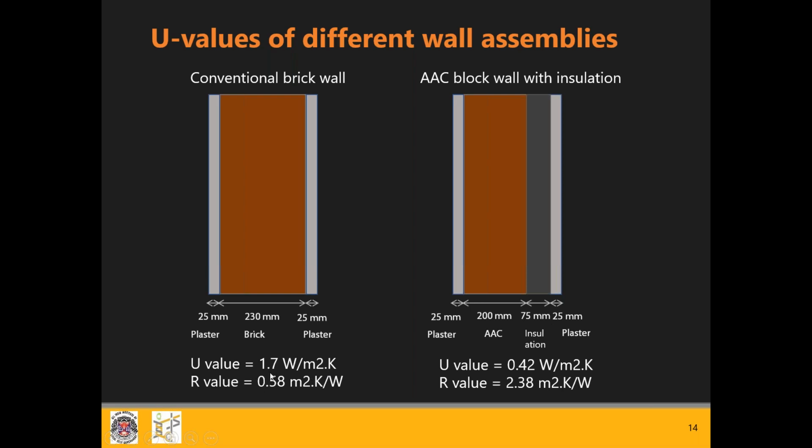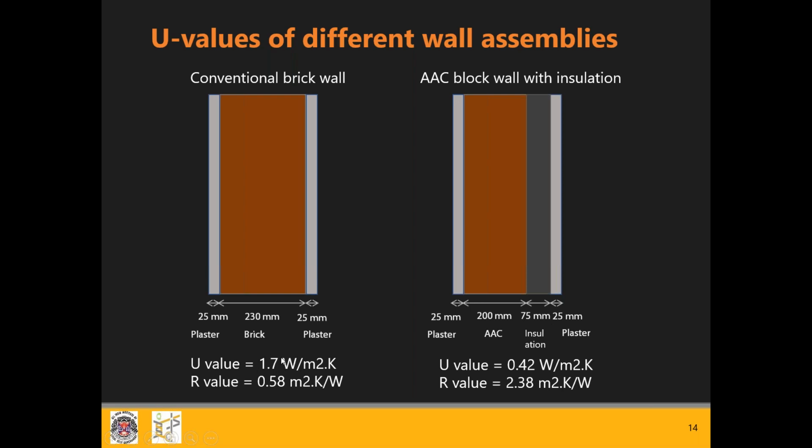Likewise, if you have an AAC block with insulation, that means you have a 200 mm AAC block, 25 mm plaster on either side with a 75 mm insulation as well. So here you can see how the U value differs from a conventional brick wall to an AAC wall with insulation.